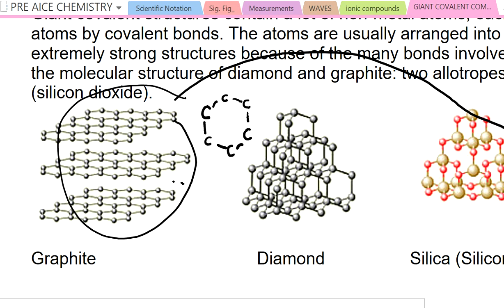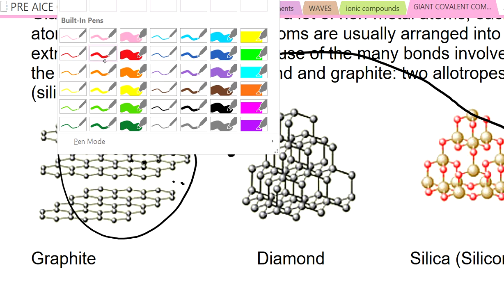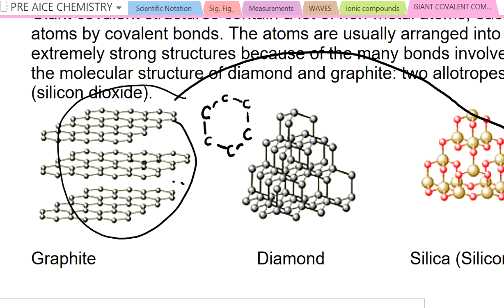This carbon atom is attached to 1, 2, and 3. This carbon here is attached to this one in the front, this one, and this one. This carbon here is also attached to this one and this one. So every single atom is attached to 3 things.